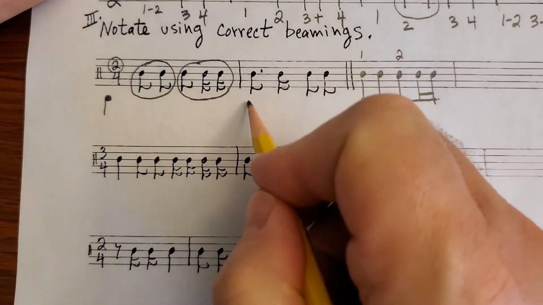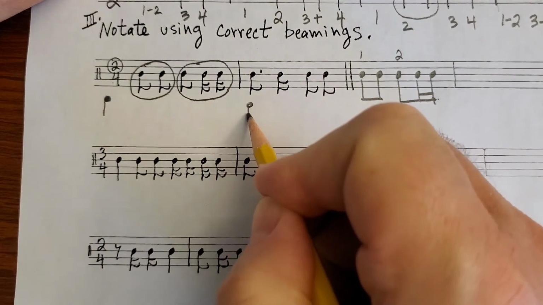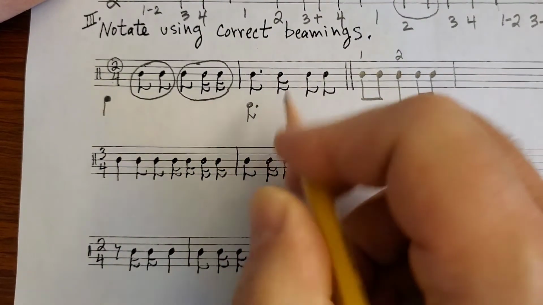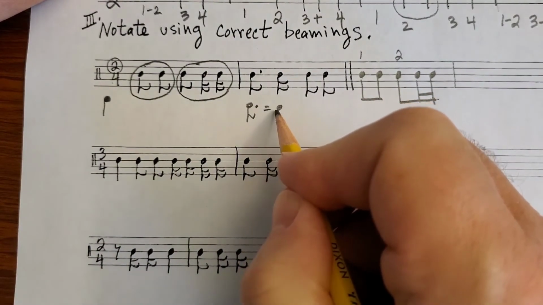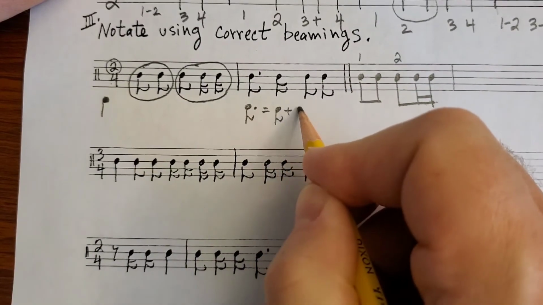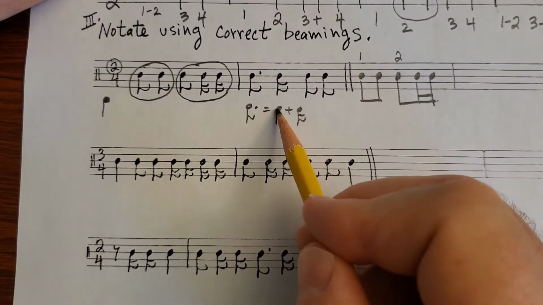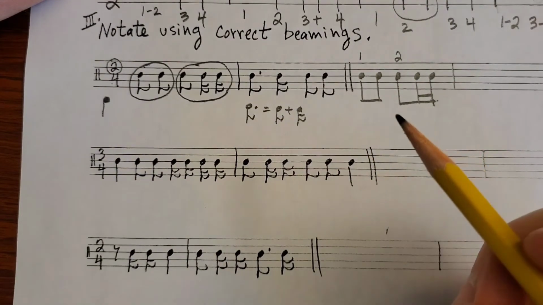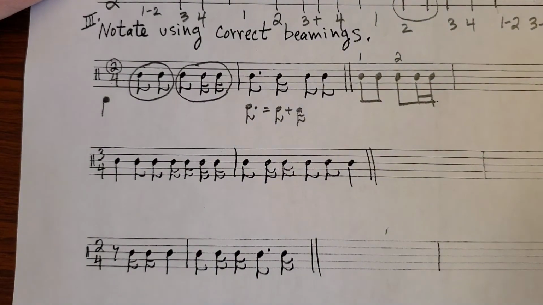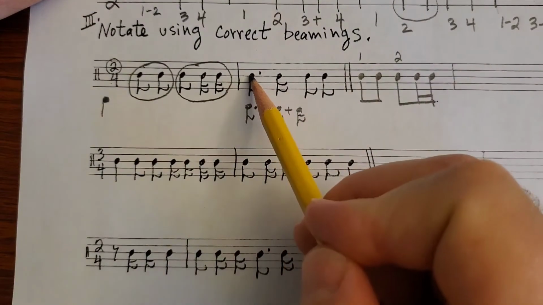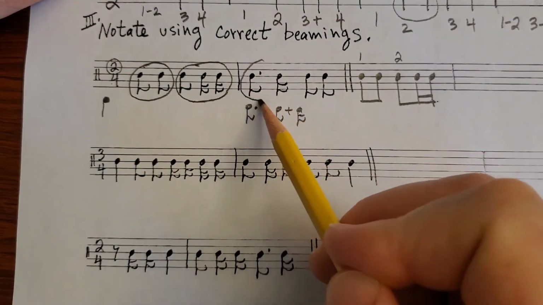All right, now we have this dotted 8th note value, which is a little tricky. The dotted 8th note, remember, is the same as the value without the dot plus half of itself. So it actually equals an 8th note plus a 16th, which is the same as 3 16th notes. So if this is 3 16th notes, that's the fourth one.